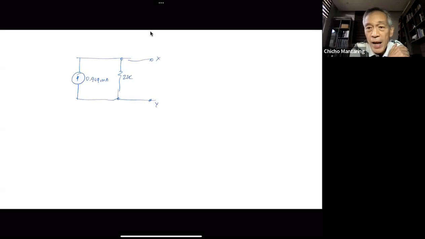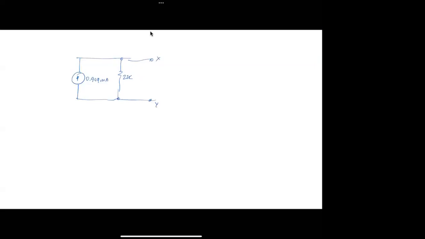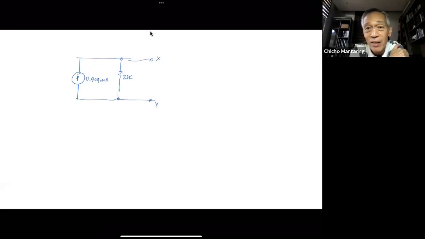Okay, let me ask you this question. If I already know the Thevenin equivalent, what is an easy way of getting the Norton equivalent? So is it source transformation? Yeah, you just do source transformation. Kasi alam mo na yung Thevenin equivalent. So to get the Norton equivalent, you just transform the Thevenin equivalent into a current source.